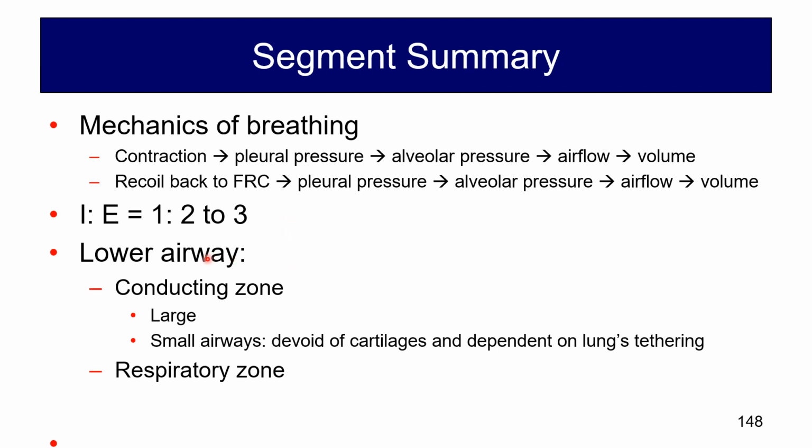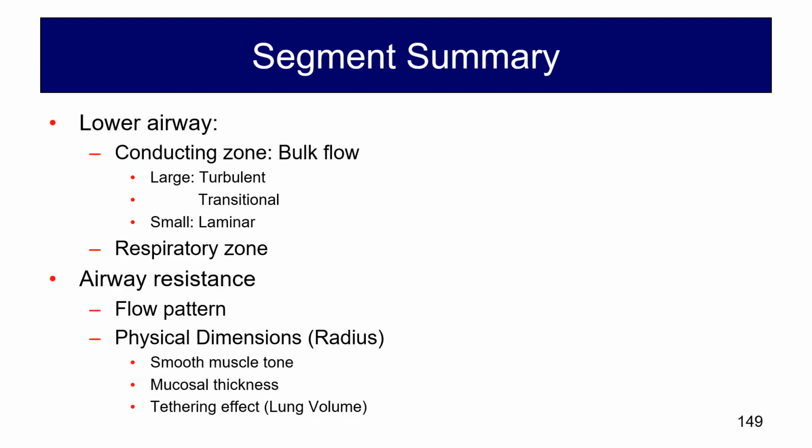Okay, the lower airway is divided into your conducting zone and respiratory zone. The conducting zone is further subdivided into its large and small airways. The small airways are devoid of cartilages and therefore they're dependent on the lung elastance tethering effect. In the conducting zone, the flow pattern is by bulk flow.